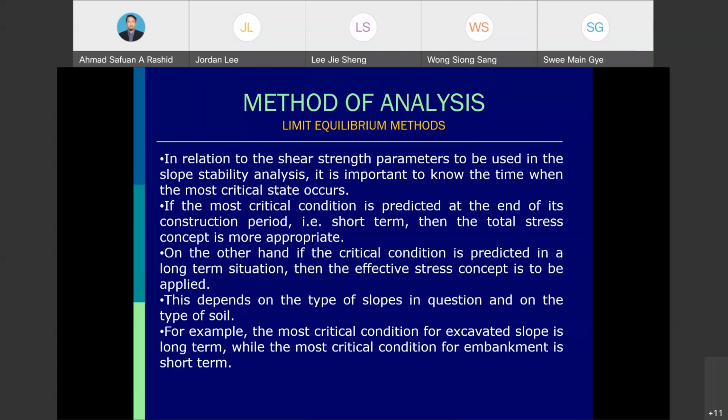While for the short term, it is right after we complete the construction, so that is the factor of safety under the short term. Understand, doctor. Thank you.